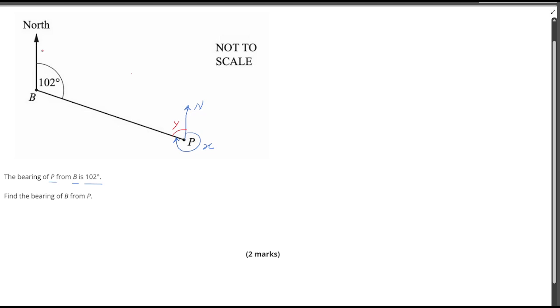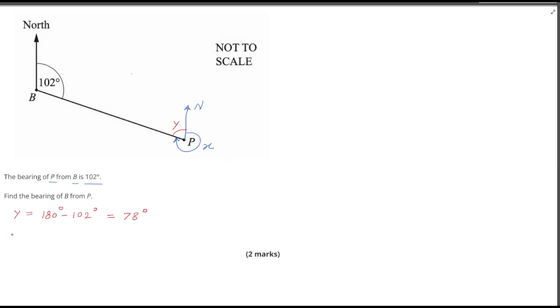As the north lines are parallel, we can say that this angle Y is 180 degrees minus 102 degrees. When two lines are parallel, the interior angles are supplementary, that is, their sum is equal to 180. So here 180 minus 102 will give you angle 78 degrees.